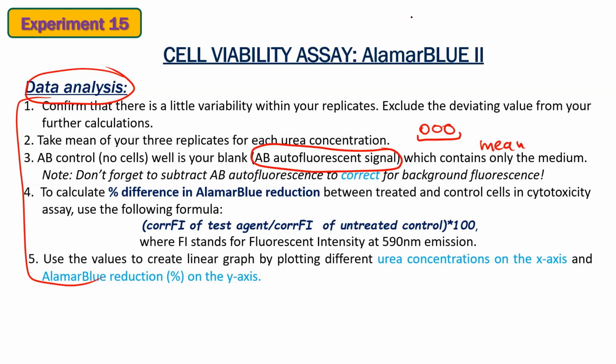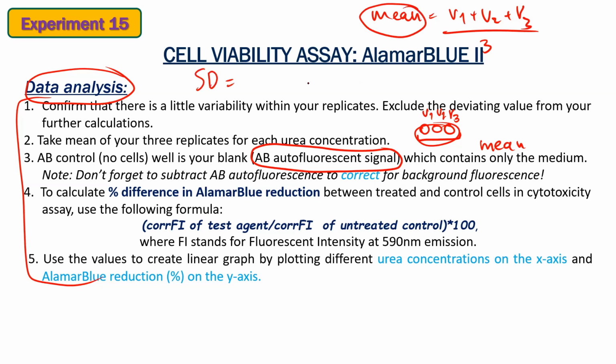So we take the mean, and we take the mean as the addition of value 1, value 2, and value 3 divided by 3, because three values are accessible. So we get the mean, and then we calculate the standard deviation.